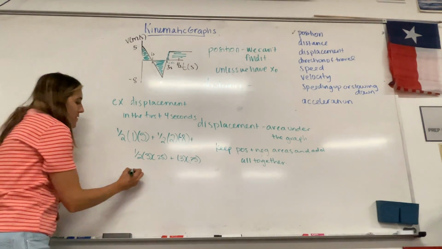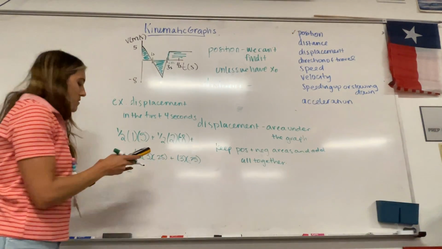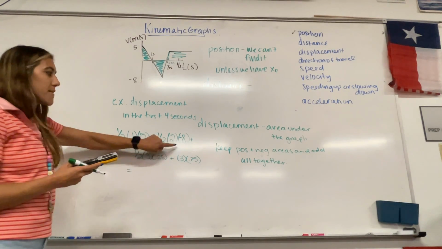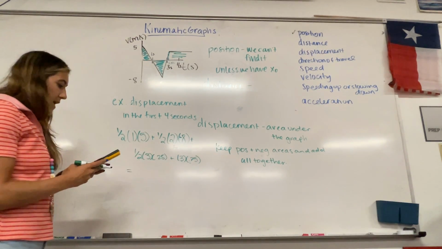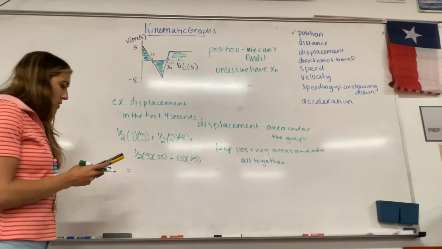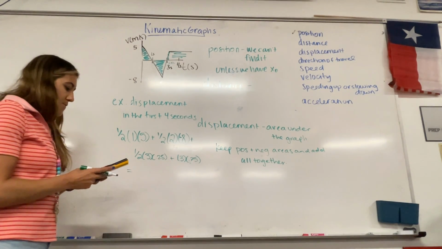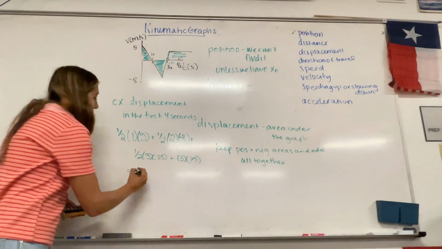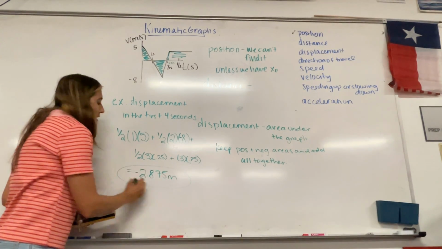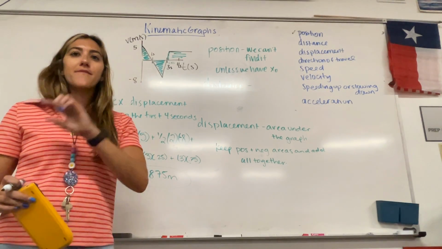Okay. If I add that all together using a calculator, 0.5 times 5 minus, this is negative, that one's negative, 8, plus 0.5 times 3 times 0.25, that's ugly, plus 3 times 0.75. Negative 2.875 meters. That's how far I've been displaced. The negative's important because it's displacement, so it can be positive and negative.